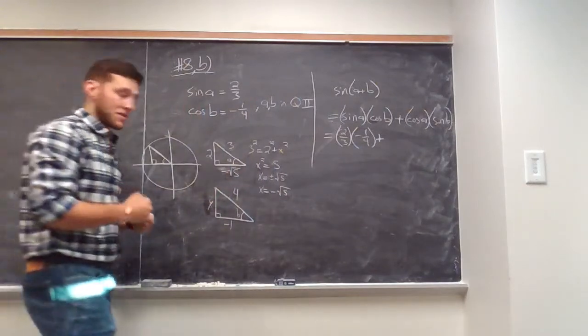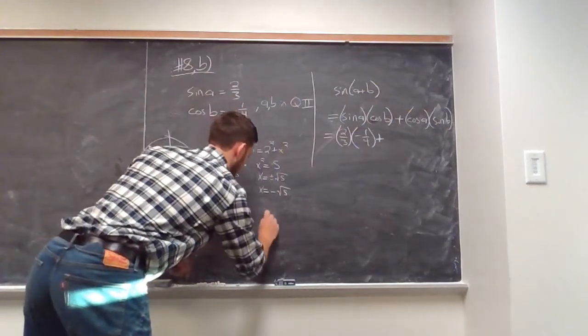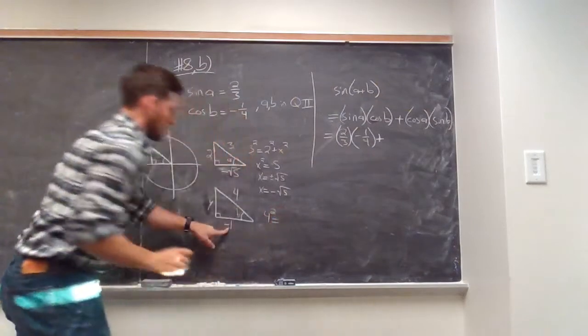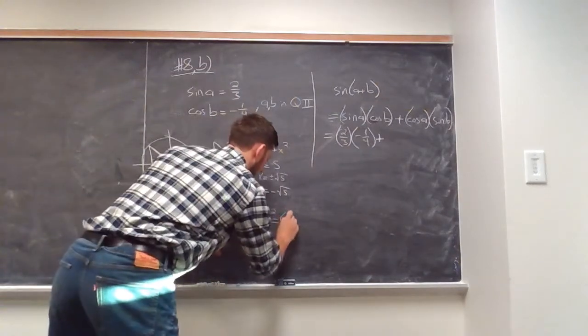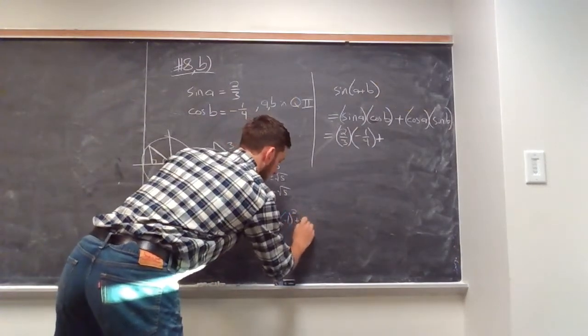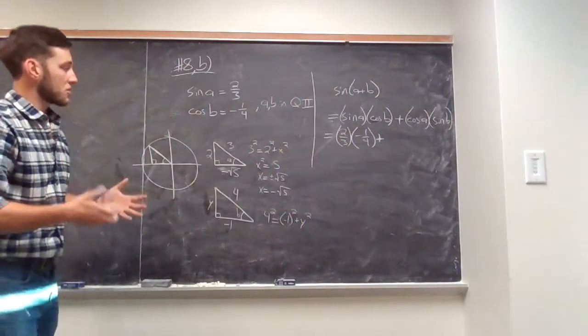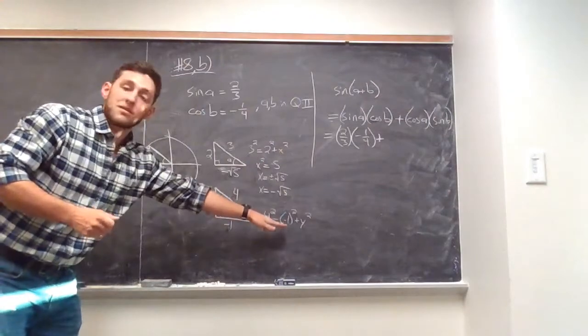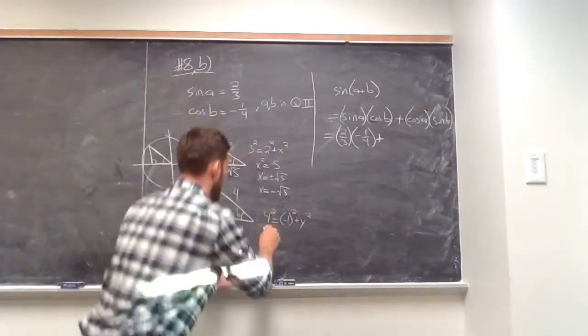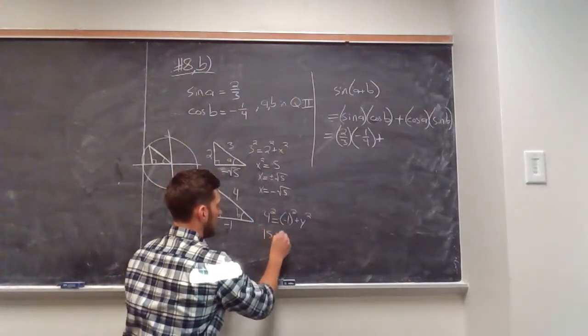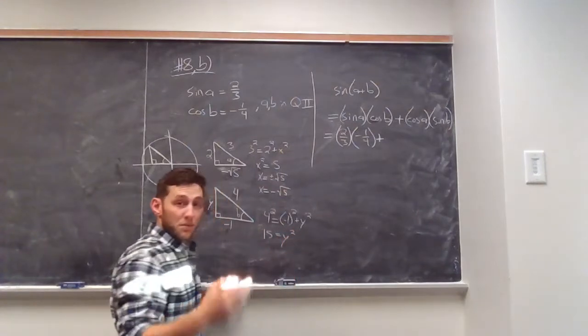To find y, we do something similar. 4 squared equals -1 squared plus y squared. Well, 4 squared is 16. 1 squared is 1, so 16 take away 1 is 15. So y squared equals 15.